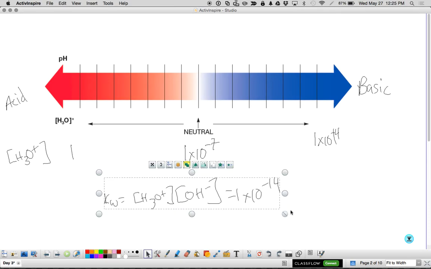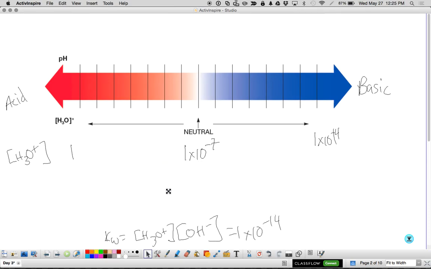So now I could also use this, and I could fill in some values of concentration of hydroxide ion. Would you pause here? See if you can figure out these values. Well, if concentration of H3O+ is 1, then concentration of hydroxide is 1 times 10 to the minus 14, 1 times 10 to the minus 7, and 1.